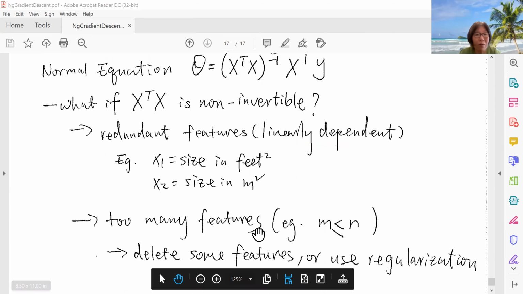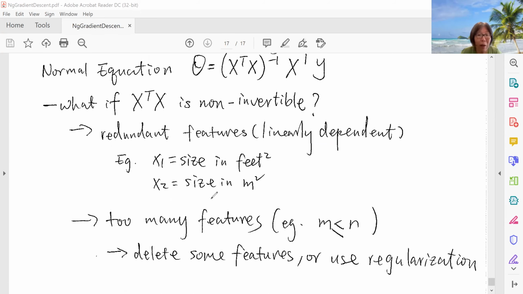And the other case is you may have too many features. Later on, we will also see that too many features sometimes cause a lot of noise. So that's the case where the number of samples is even less than the number of features.